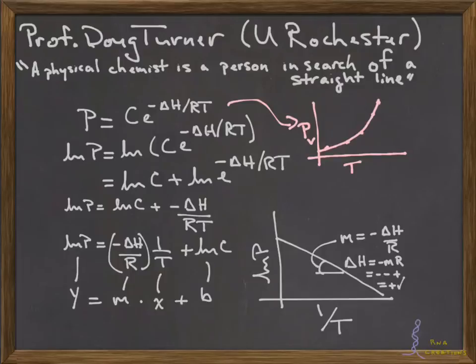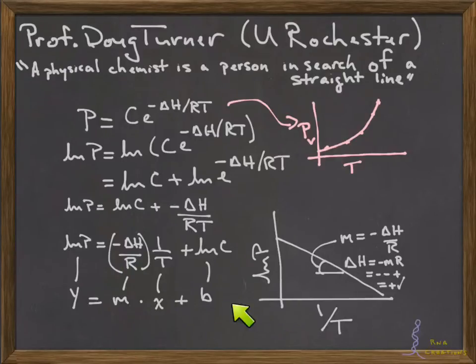And so now what I do is I inspect this, and it looks to me like the equation of a straight line, where I've just rearranged the terms. I have the natural log of P becomes Y, and X becomes 1 over T, and then the slope is this term out in front, minus delta H over R, and the intercept is the natural log of C.